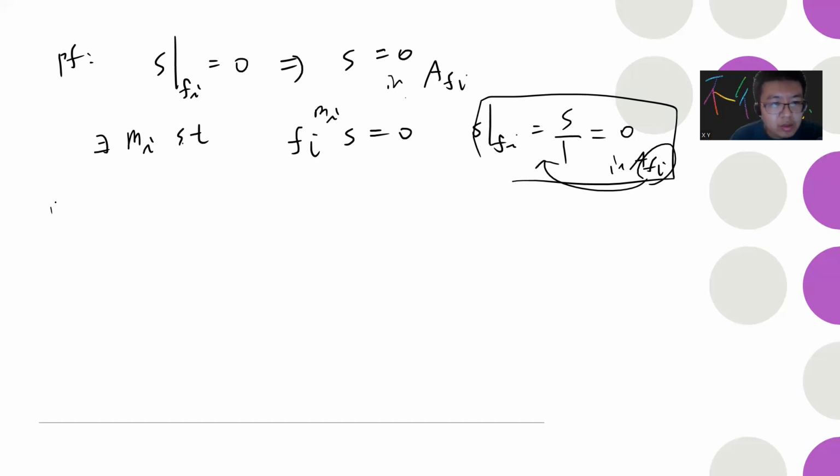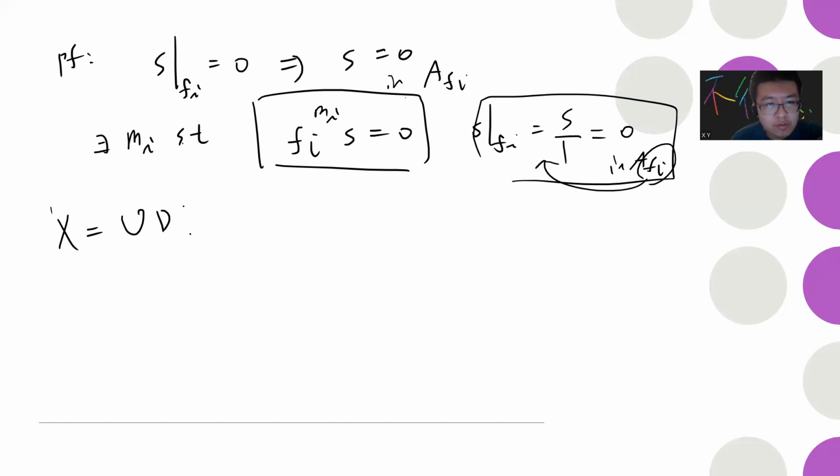Also notice that our X is the union of the whole space, the union of the D(f_i). Since these are prime ideals, we can just take powers of them: for each i, D(f_i) is the same as D(f_i^{m_i}). Since we take the prime ideals which do not contain f, if a prime ideal does not contain f, then it should not contain any power of f.